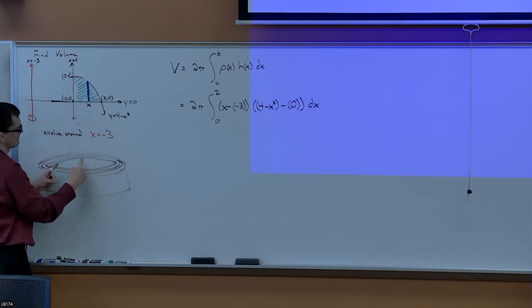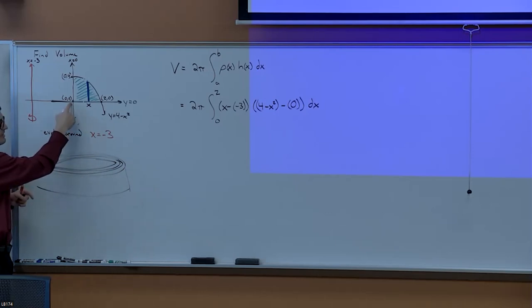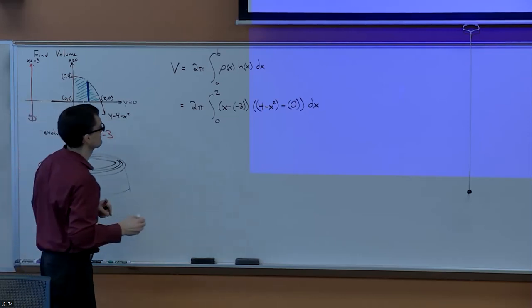And at some point, we just stop and leave the hole in, because there's a hole in this thing. So with the shell method, we just take a bunch of nested shells, and once we get to the inner edge here, we stop. We start at the inner, end at the outer, or vice versa, however you want to think of it. And we just stop.